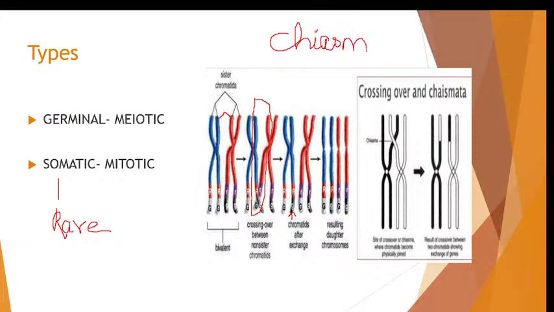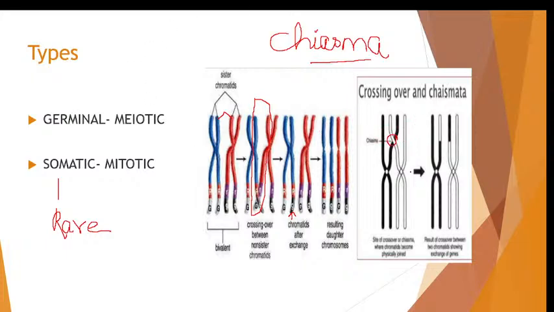The point at which the chromosomes cross over is called a chiasma. See, this black color one and the white color one undergo a crossover, taking an imaginary shape like that of an X, and this point is called chiasma.